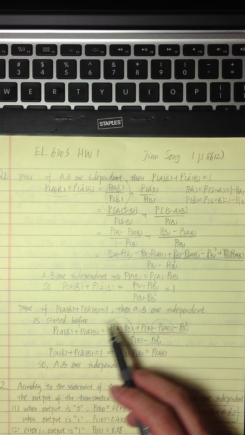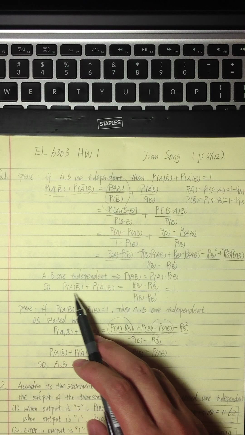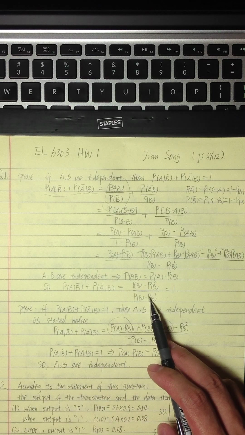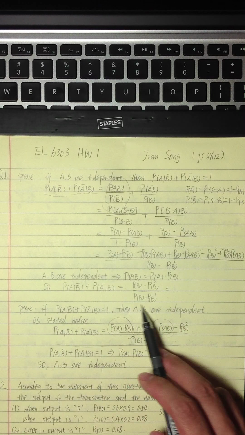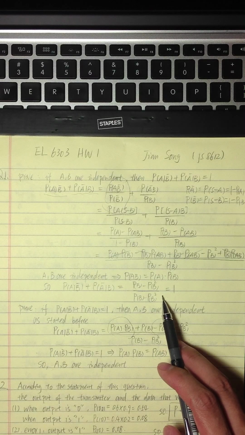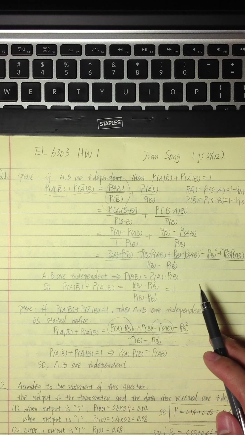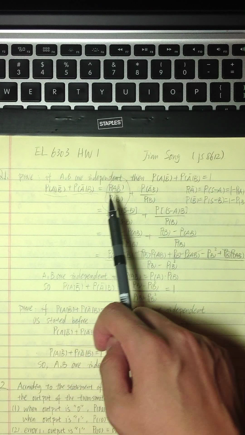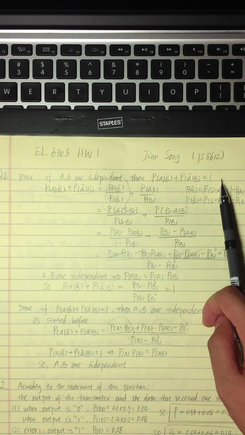So the whole equation will be the combination of two conditional probabilities on the left side, and on the right side it's a fraction like this, and obviously it equals 1. So we have proved that if A, B are independent, then this equation is true.